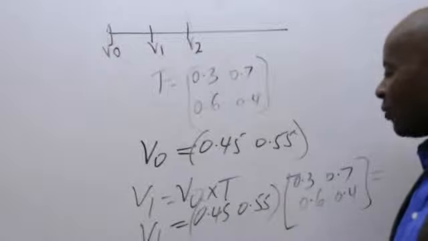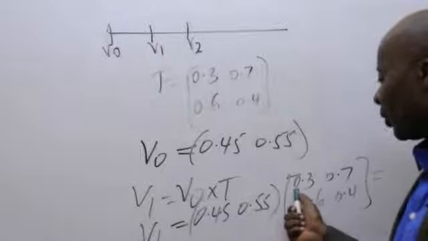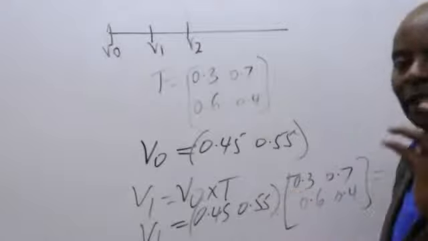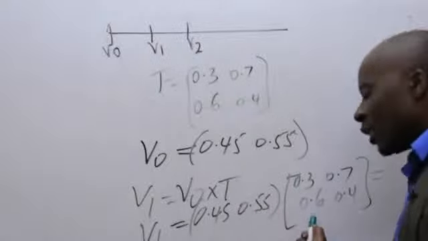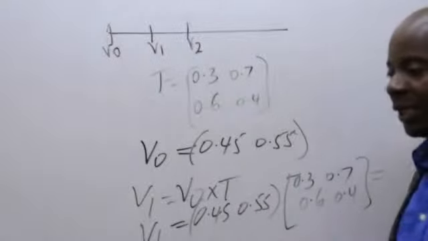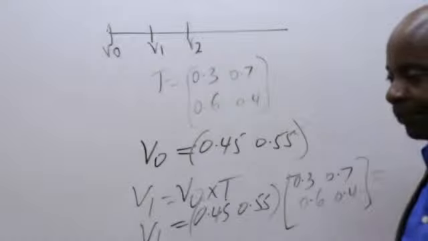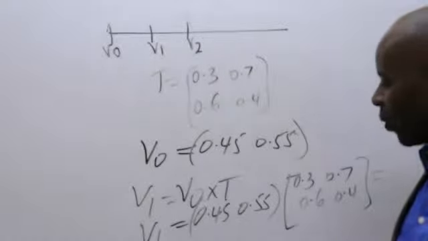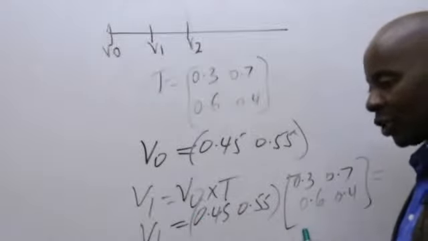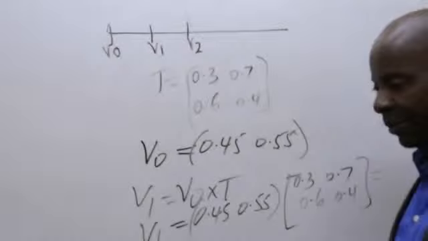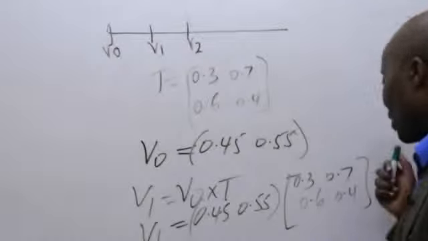So what do we have here? It's 0.45 times 0.3, first one multiplied plus second one multiplied. Could you kindly give me this very fast? Please give me this first one here.